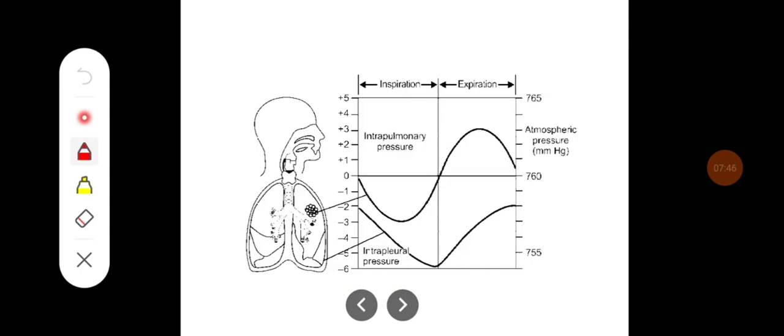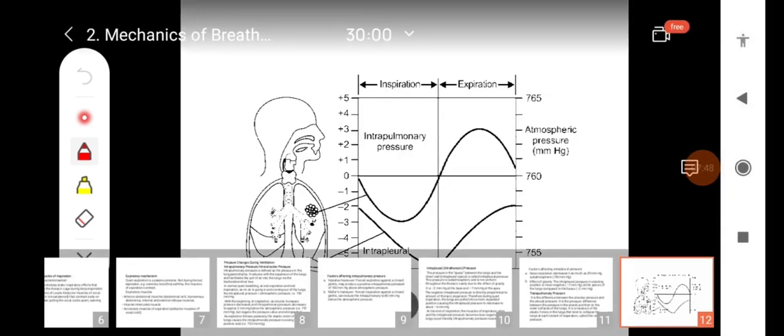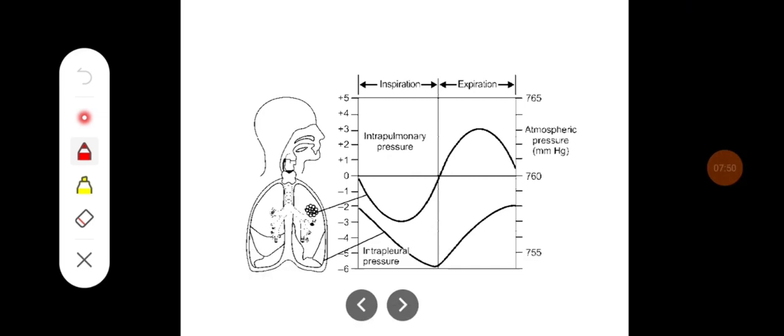So this is the diagram showing the intrapulmonary pressure and intrapleural pressure. During inspiration in the alveoli, the pressure is going to decrease, and at the end of inspiration, it becomes again atmospheric, and during the expiration again the pressure is going to increase, and again at the end of expiration, the pressure becomes atmospheric.